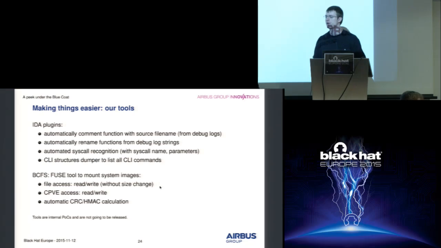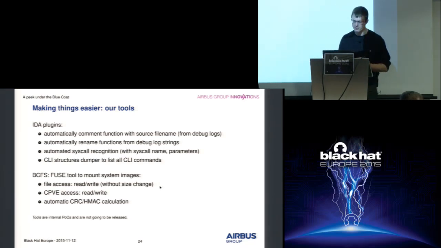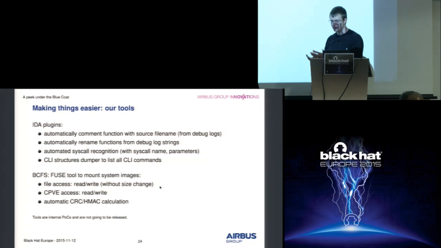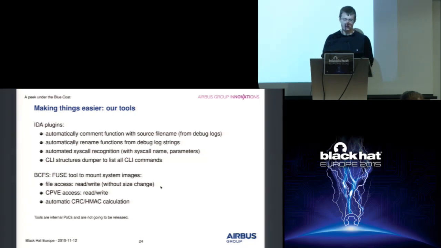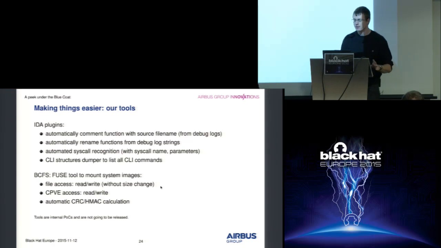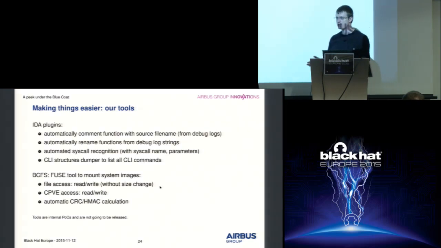We wanted to make sure everything was documented. Of course, some of the commands weren't documented, and it's interesting to get them. The most important tool to develop when you're working with a Blue Coat ProxySG is a way to modify the file system very easily. So we developed a FUSE tool to mount the system images with read-write access, without enabling size change because it was too complex to implement, and also to change the system variables.